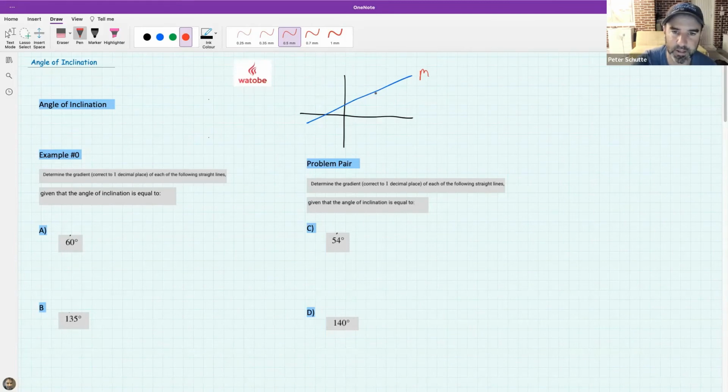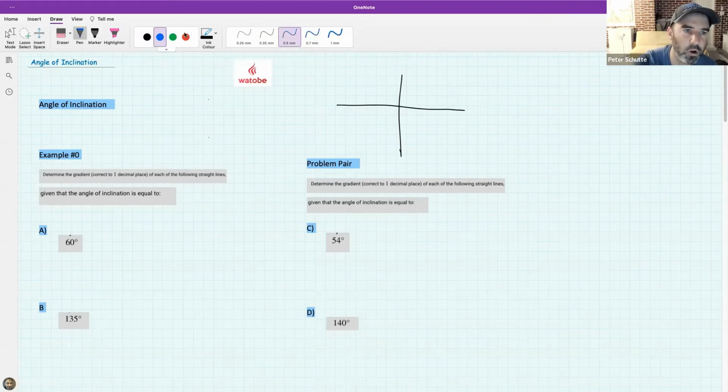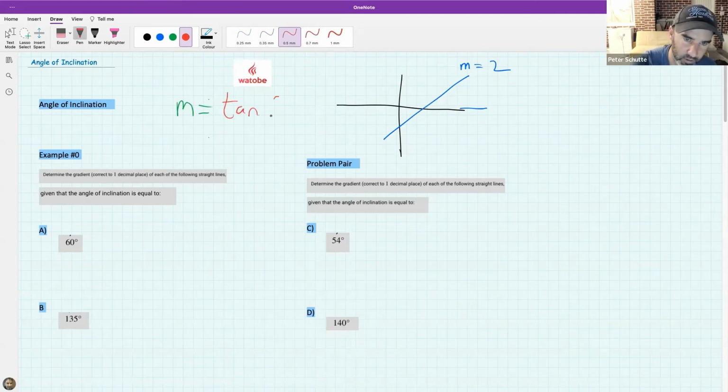Let me get rid of this bit. You know that we can work out the equation of this line and it will be, for example, m is 2. Now, the formula for the angle of inclination is m equals tan theta, where tan of theta is from trigonometry.